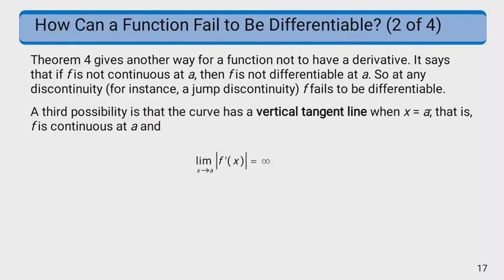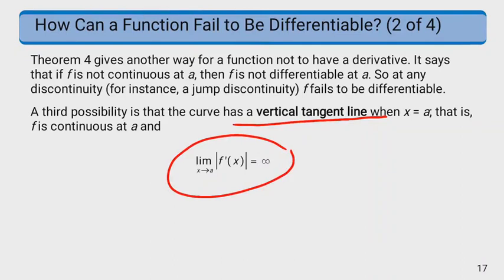So, when is there a possibility of the function not being differentiable at a point? That's when you have a vertical tangent line. That means the function becomes steep, and at that point, we agreed at the beginning that the slope of that function will be approaching infinity.